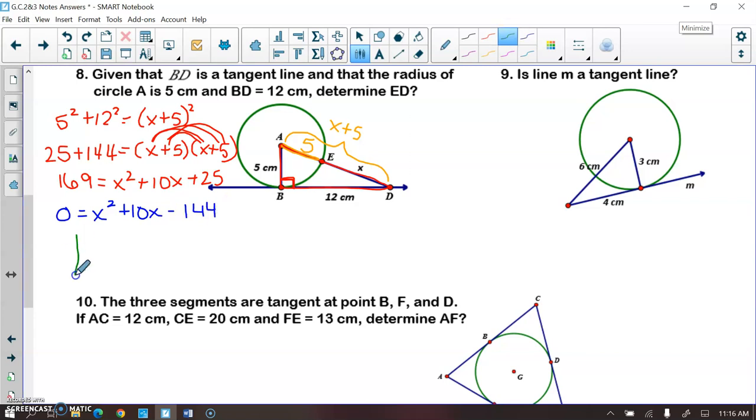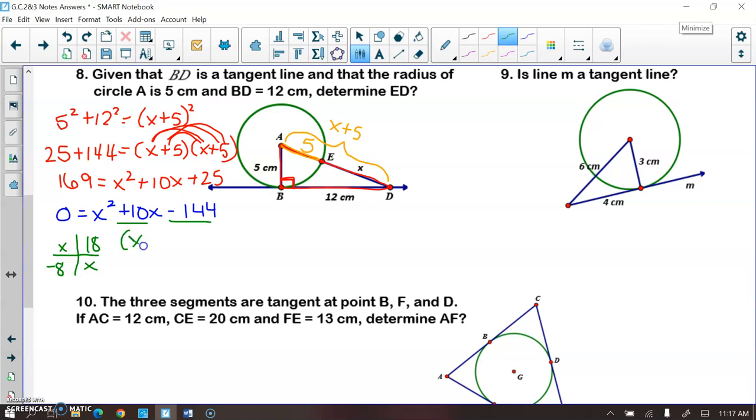Now looking at the box method, I need two numbers that when multiplied together equal negative 144, but when added together equal 10. So that's going to be 18 and negative 8.